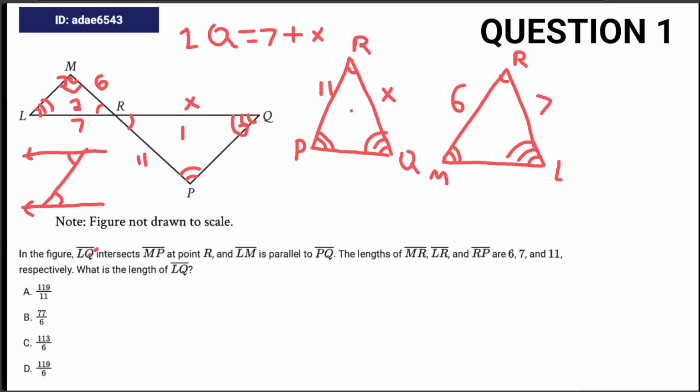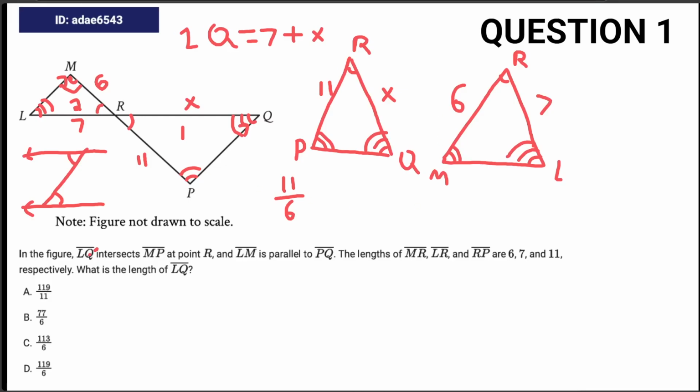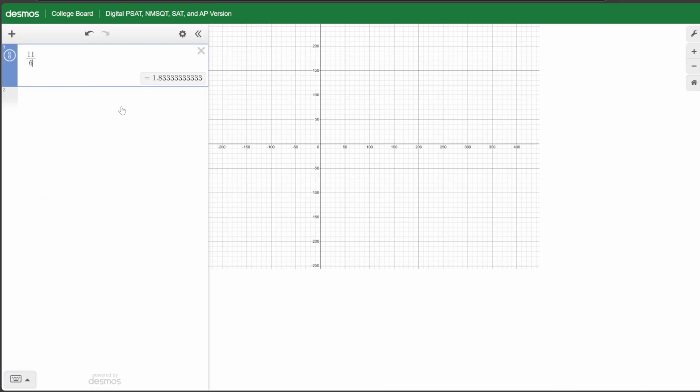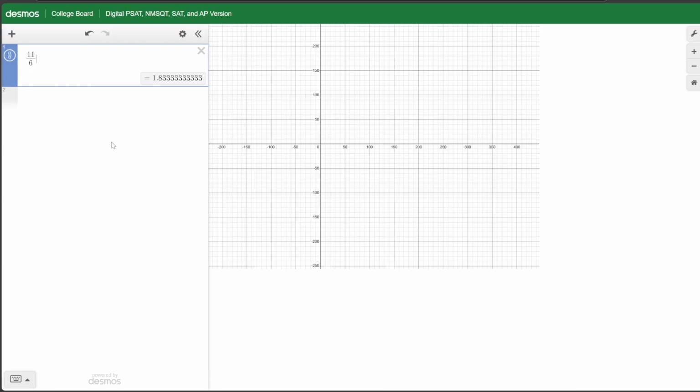Knowing that these are proportional, we can do 11 over 6. 11 over 6 would equal 1.83. So this value here multiplied by 6 equals 11. This value here multiplied by 7 equals X. So that's what we can do, which would be 12.83 repeating.